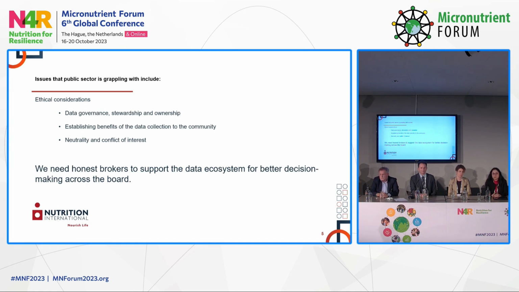And then eventually I wanted to bring the issue of neutrality and conflict of interest. I think in the field of public health nutrition, this is a broader issue. It's not even just data. I think it's about influence. It's about really neutrality in making the best decisions that are good for public health, good for nutrition, and in that, making sure that there are no undue influences in that process.